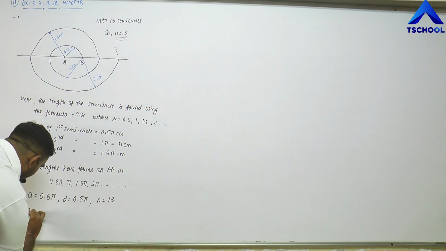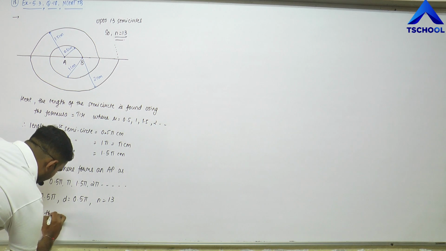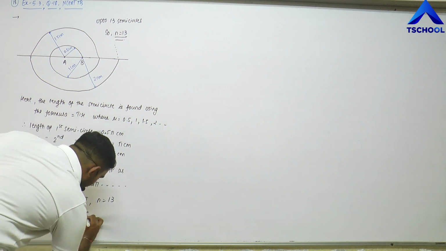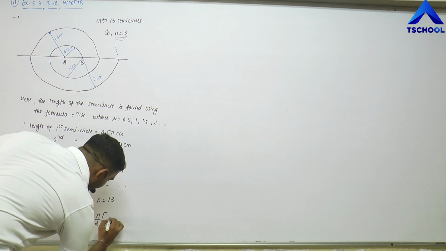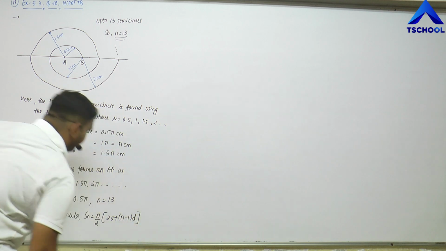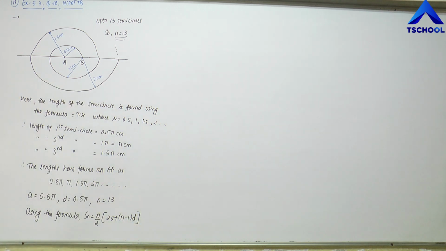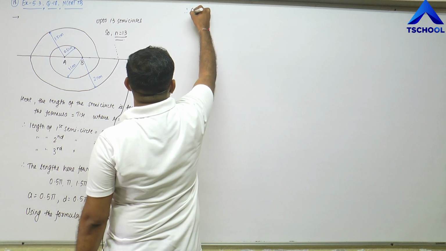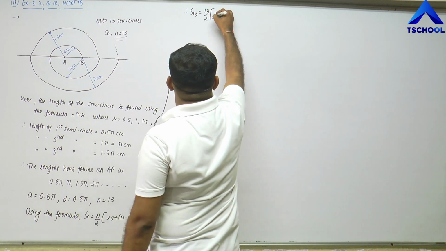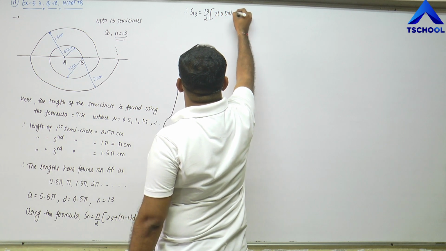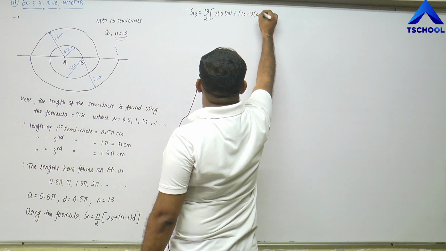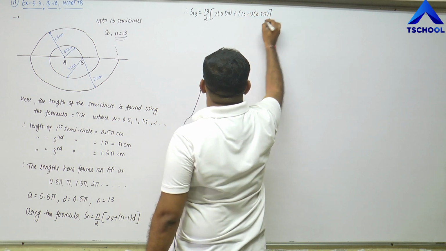So using the formula Sn is equal to n by 2 into 2a plus n minus 1 into d, right? Using this formula we can find S13 is equal to 13 by 2 into 2 into 0.5 pi plus 13 minus 1 into 0.5 pi again.